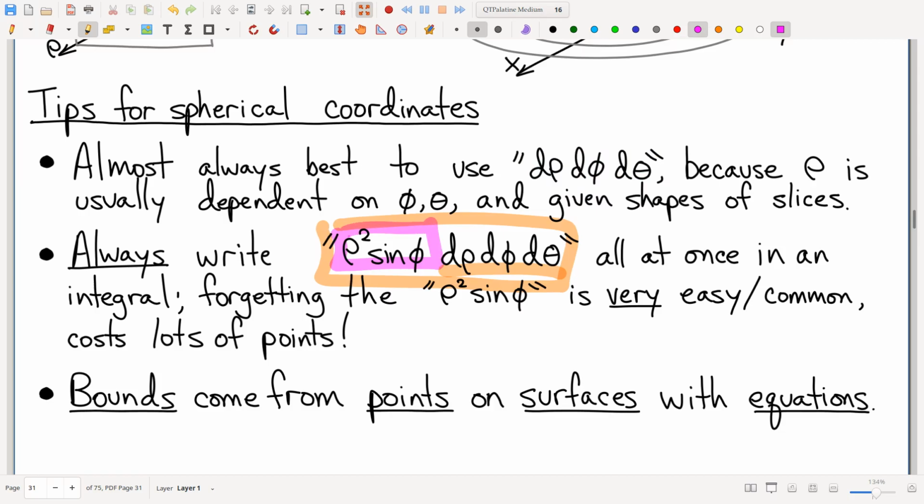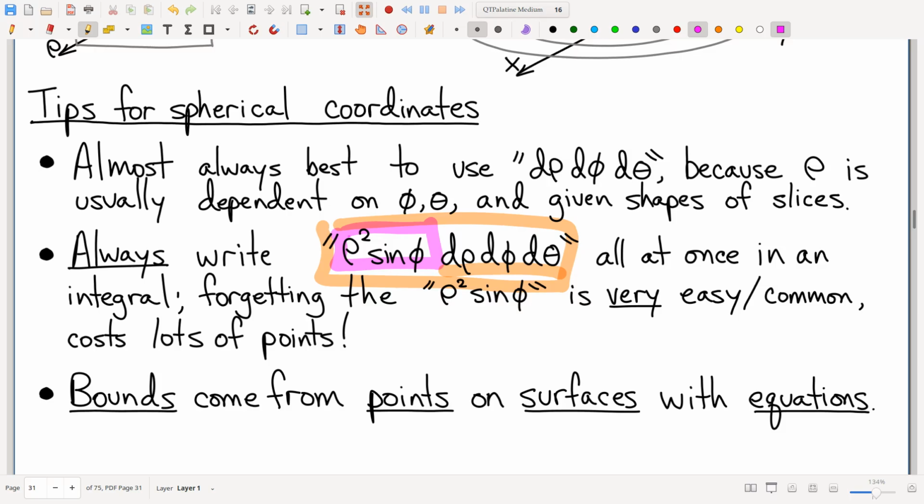You should memorize all of this together. Rho squared sine phi d rho d phi d theta should fall out of your mouth all at once. That's what you memorize. That's what you mumble in your sleep.